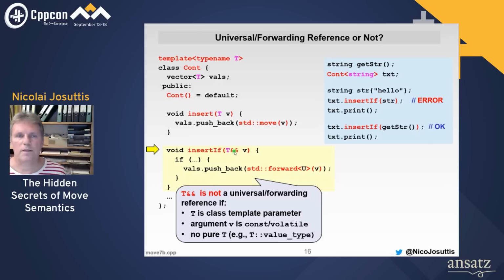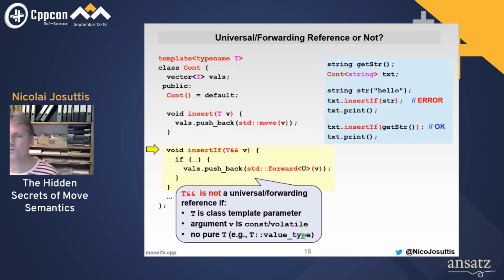There are a couple of other things that make this not a universal reference. For example, if this argument is in addition qualified with const or volatile, it's not a universal reference. And if this T is not a pure T, so not just the template parameter type, if you, for example, use T::value_type, then it's also not a universal reference.